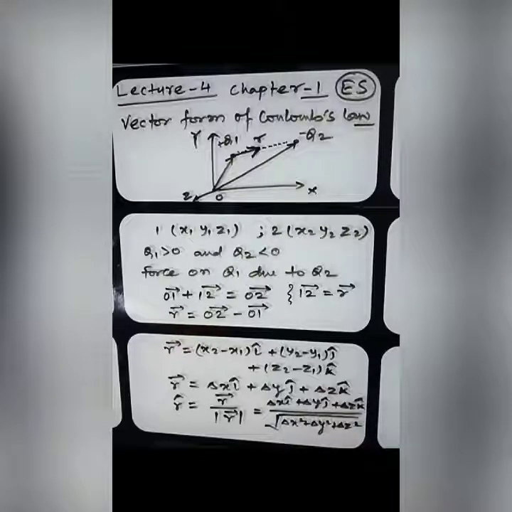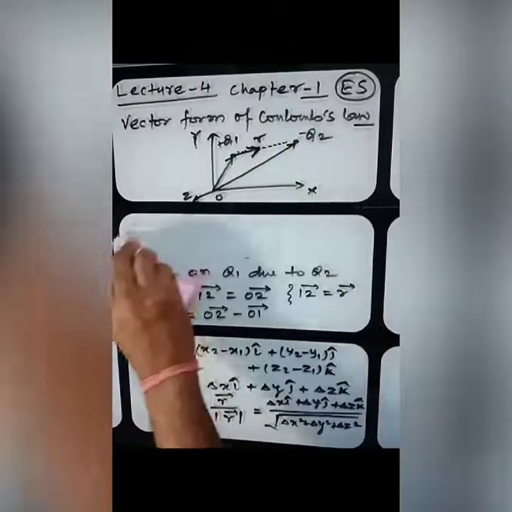Simply you have to solve in this way. Now we have to find the magnitude and direction. I am erasing this one, students, kindly note it down in your copy.